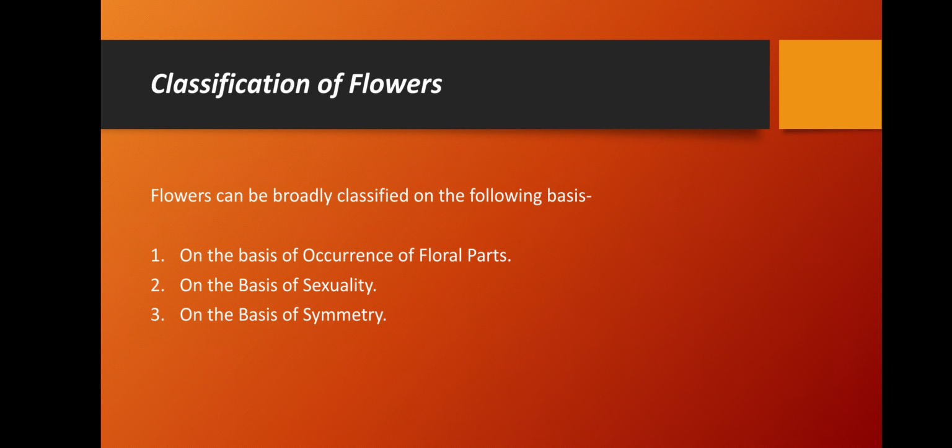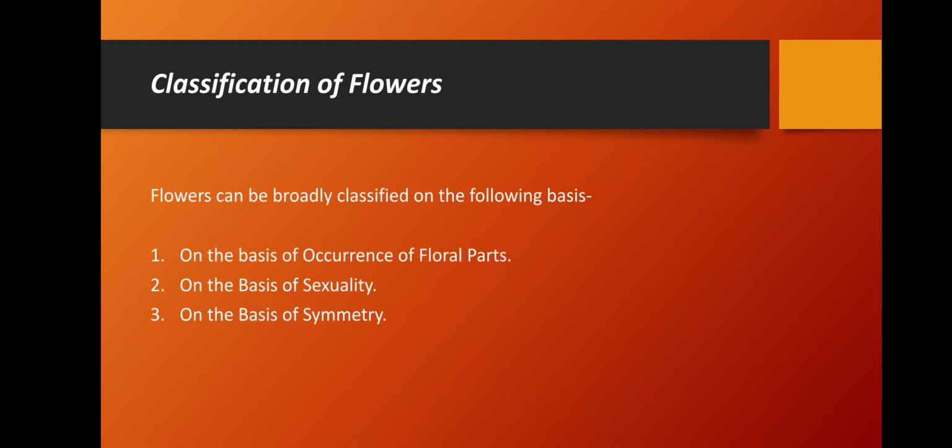Next is the discussion about the classification of flowers. So let's discuss how flowers are classified. You must have observed a variety of flowers in your surroundings. But how do you identify a flower? You may say that flowers can be identified on the basis of color and form.